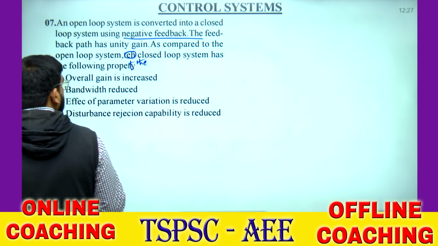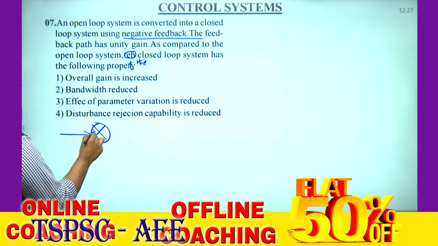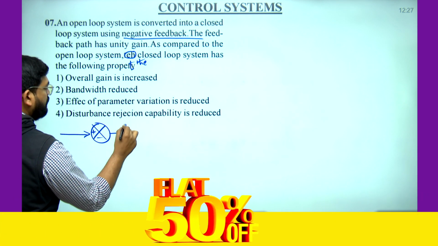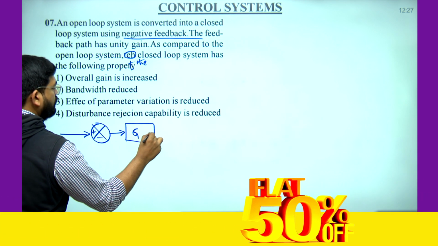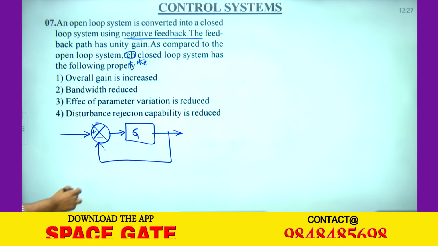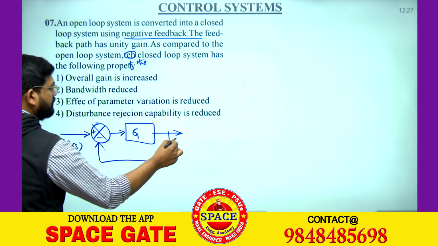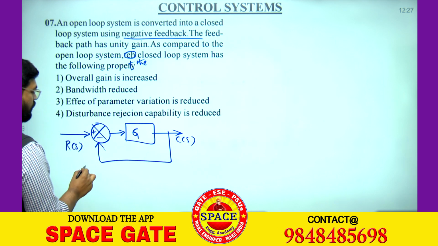What will happen? Suppose this is our closed loop with unity feedback I am considering, right? Unity feedback means H is equal to 1. Then what we will get?